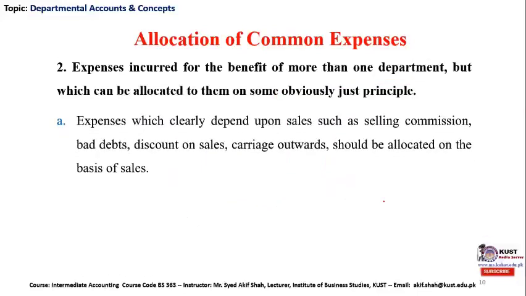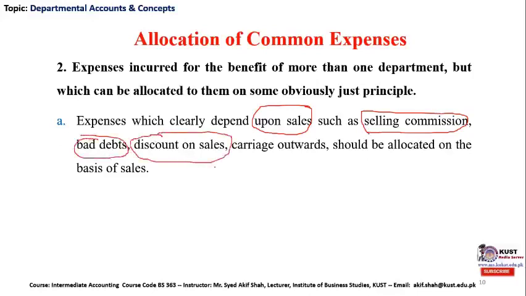The first one says expenses which clearly depend upon sales. Expenses which depend upon sales, such as selling commissions of the sales representative, bad debts related to any specific department, and discounts on the sales of each department. Similarly, carriage outward, the expense the company bears for delivering the product to the doorstep of the consumer.